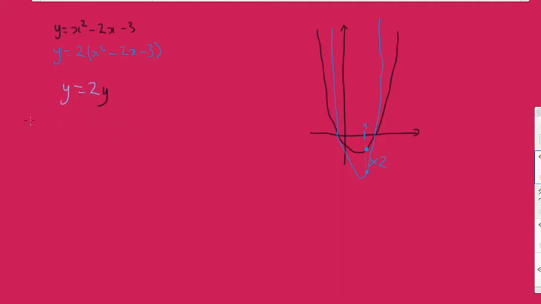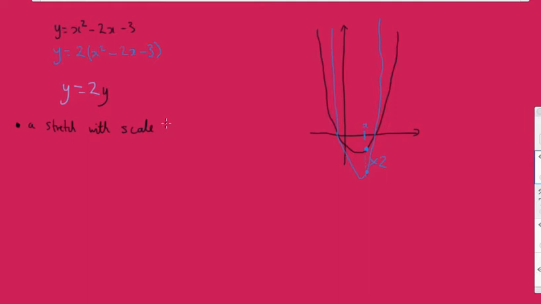Now we can explain this stretch in different ways, but each way that we explain it, it means the same thing. So a stretch with scale factor, so when we see that each point here is 2 times as far away from this one, we call this the scale factor.